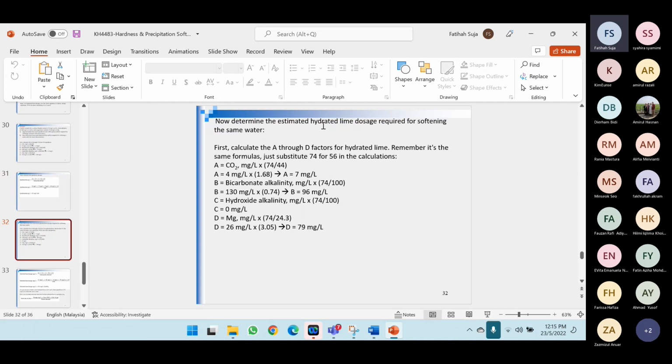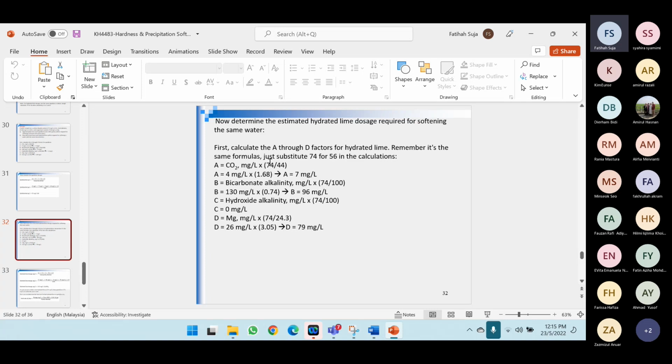Okay, so let's say you use hydrated lime dosage. Then you just substitute the lime with hydrated lime. Hydrated lime meaning that you buy the chemicals with the H2O molecule in the compound. So meaning that the concentration of lime is less.